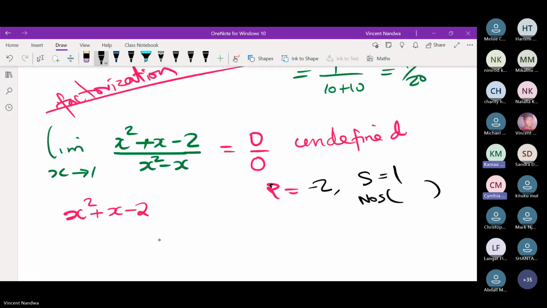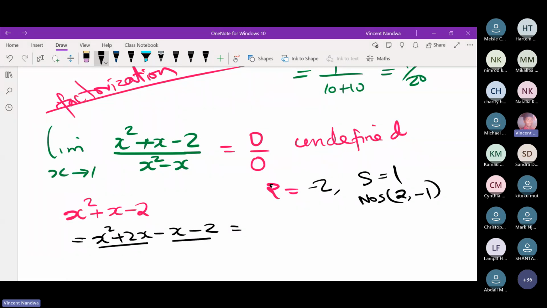2 and negative 1. So this can be written as x squared plus 2x minus x minus 2. Taking the common factor here, x, we have x into x plus 2, minus the common factor 1 into x plus 2.